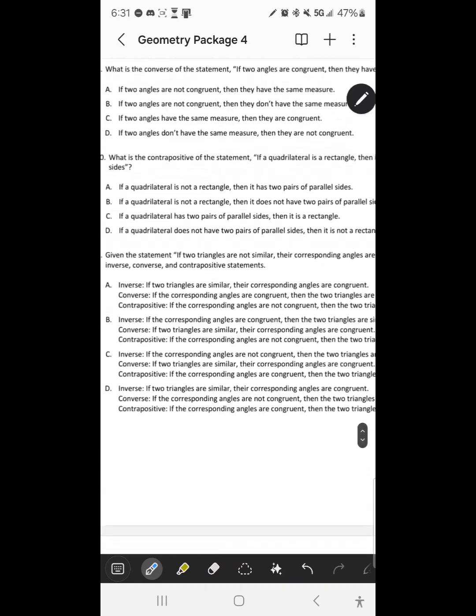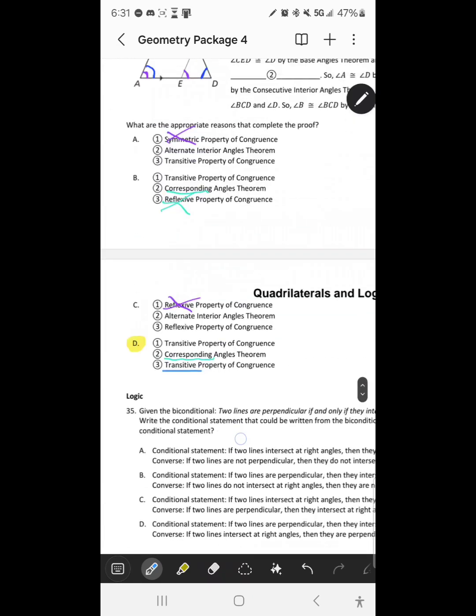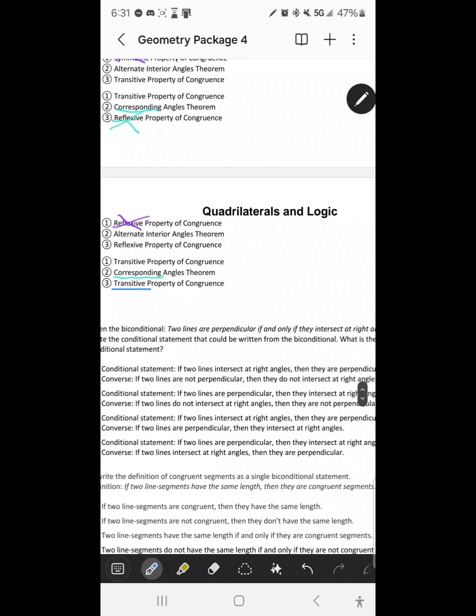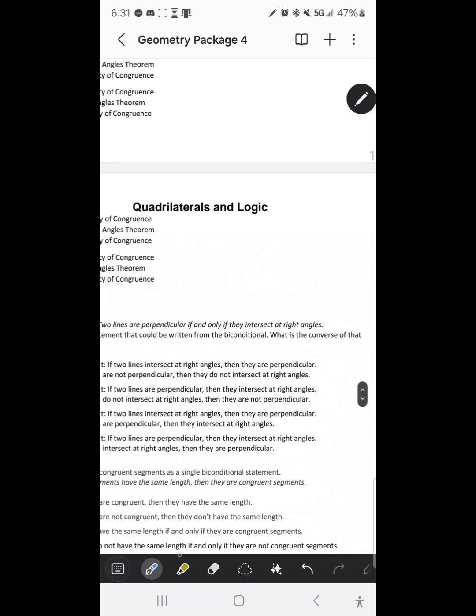So based on that, I'm going to go to my exercise. They're telling me to write the converse, and the converse is just the part that is at the end, put at the beginning.